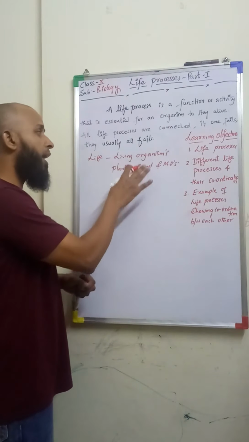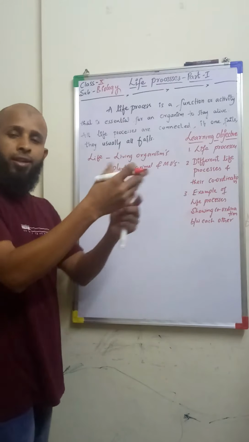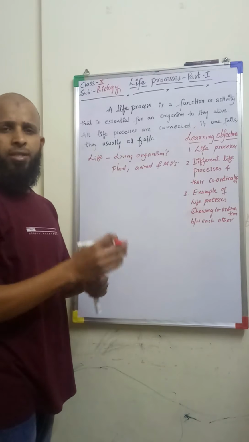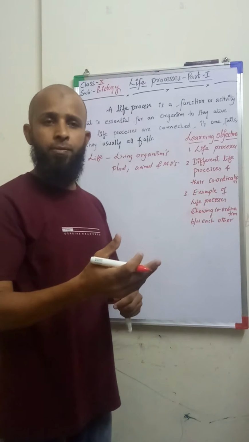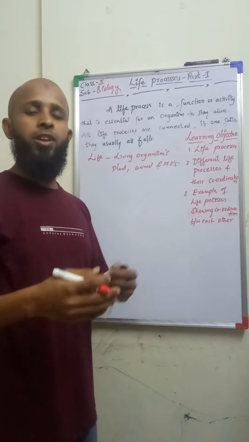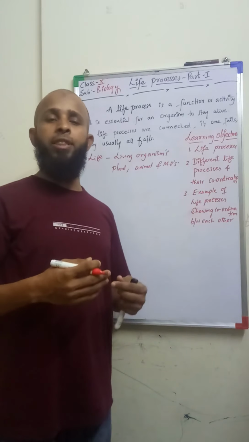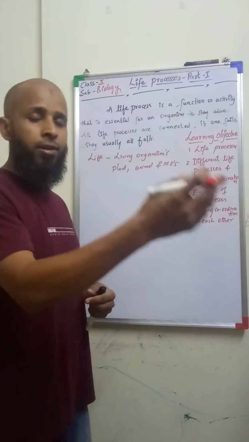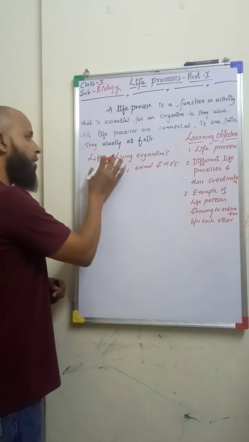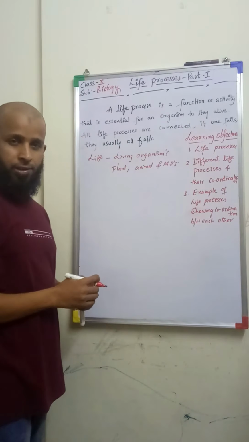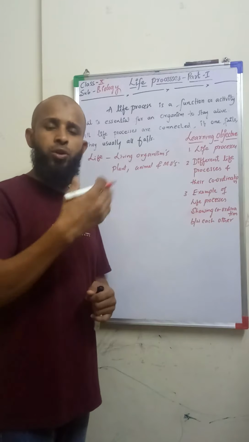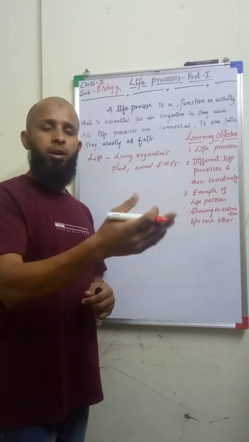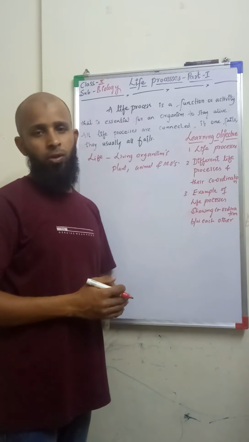Now how do you decide that something is a living organism? There is one basic criterion: if any organism is moving, that's called movement, and with that we can understand that it is a living organism. Like that we have different criteria.